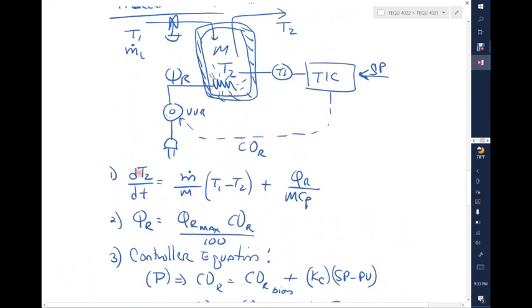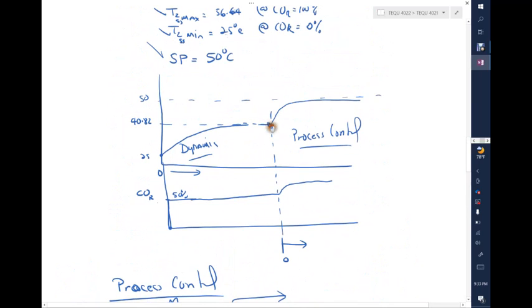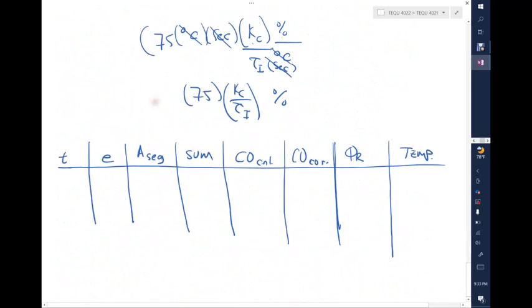We are starting actually from here. That's where we're starting, meaning that 40.82. So we go back here to my table, and here is the important part, 40.82. And that's at time equals 0.